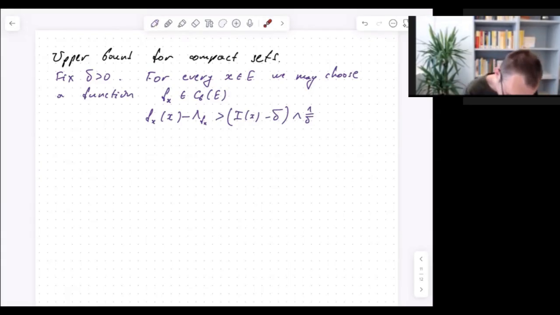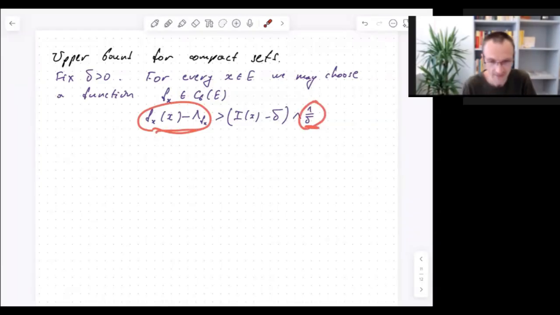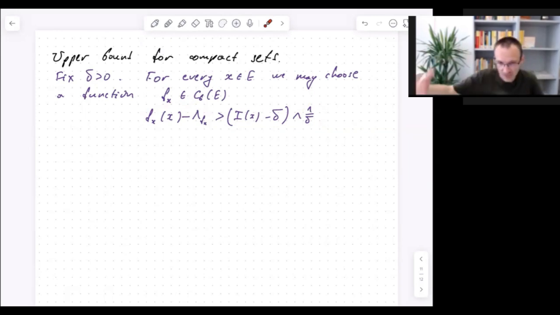When the supremum is finite, you consider minus delta, and you can find that function. If it happens that this supremum I is plus infinity, then we choose this function in such a way that this expression is larger than 1 over delta. Potentially 1 over delta is a very large number, because later we will send delta to 0.